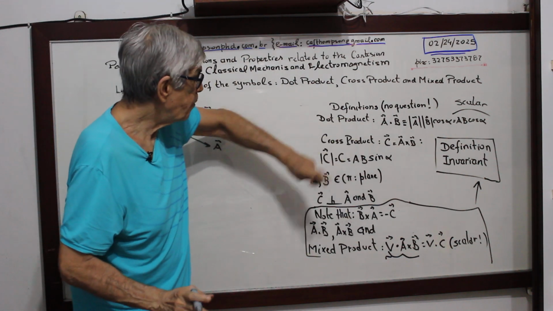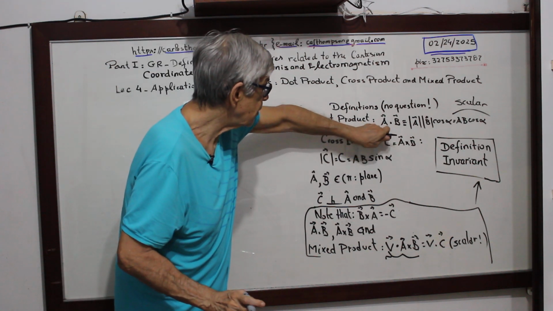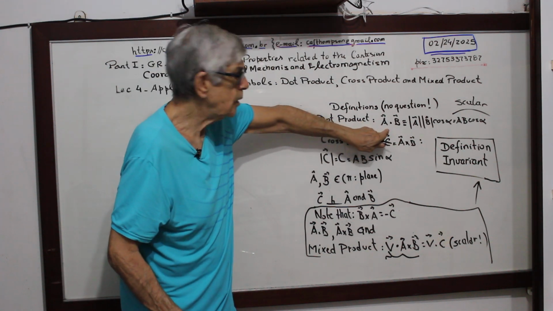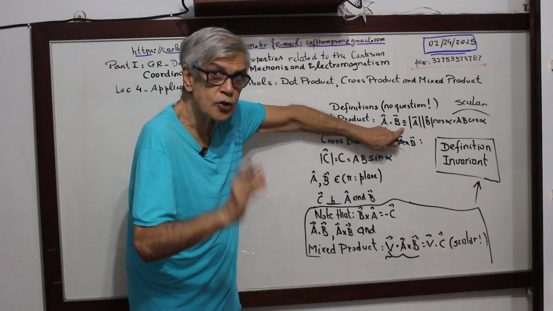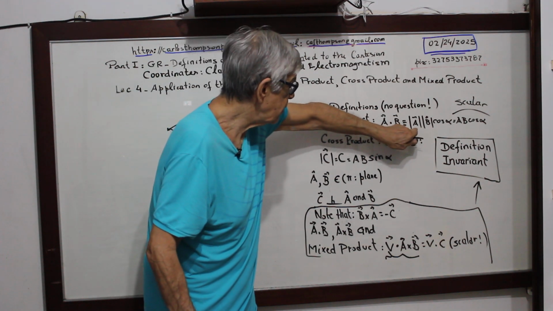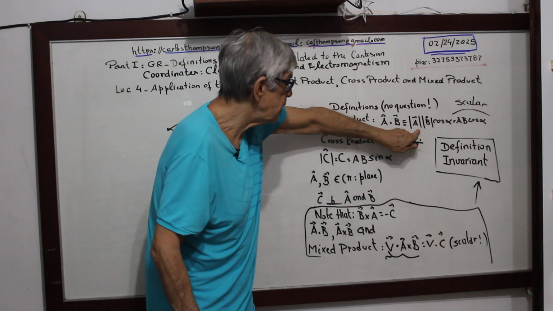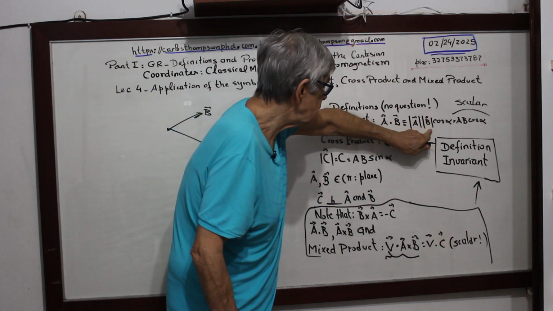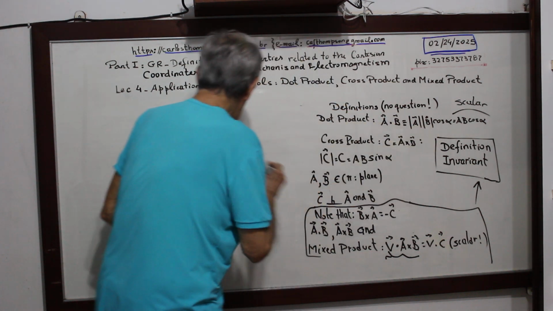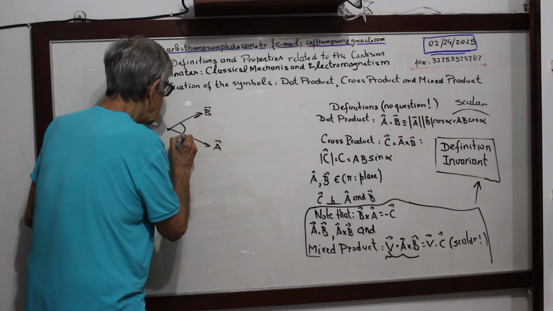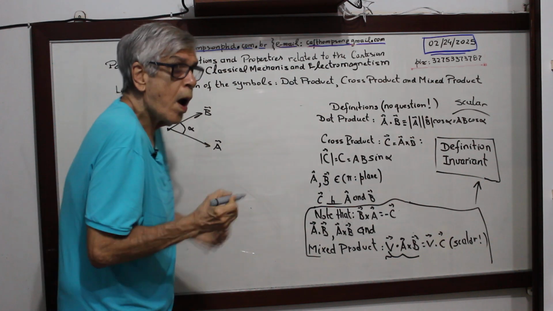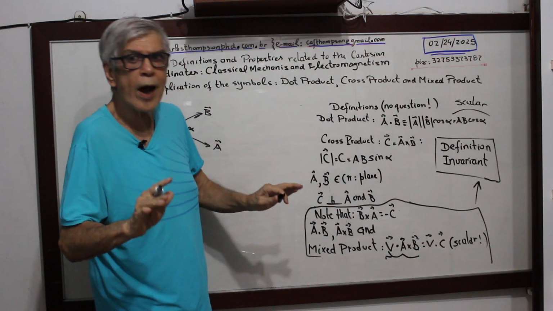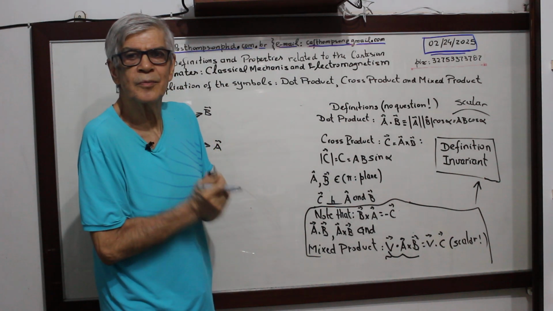So the dot product A dot B is defined as the modulus of vector A, times the modulus of vector B, times the cosine of this angle over here. Why? No why, by definition.